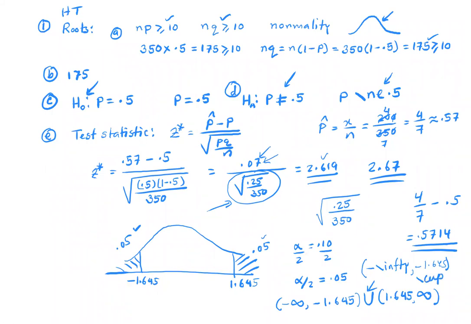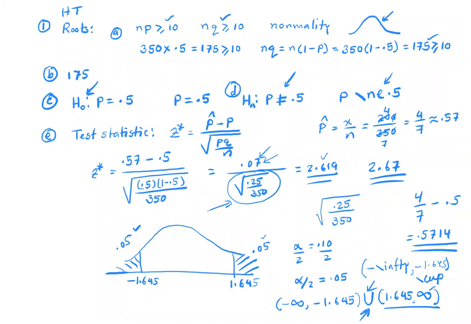This is a little bit of technicality. This is the LaTeX way of saying the union. Backslash cup is going to give you this symbol, and then the rest is easy. You open parenthesis, 1.645, comma, backslash infty. That's going to give you this infinity, and it should work.